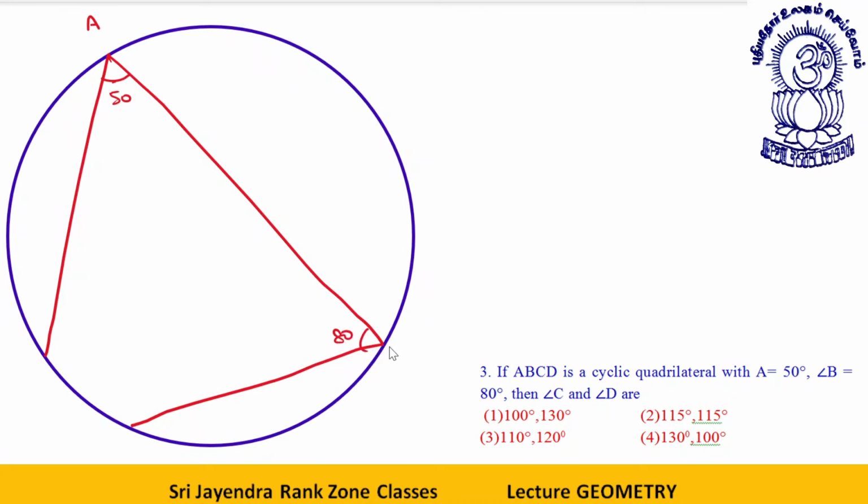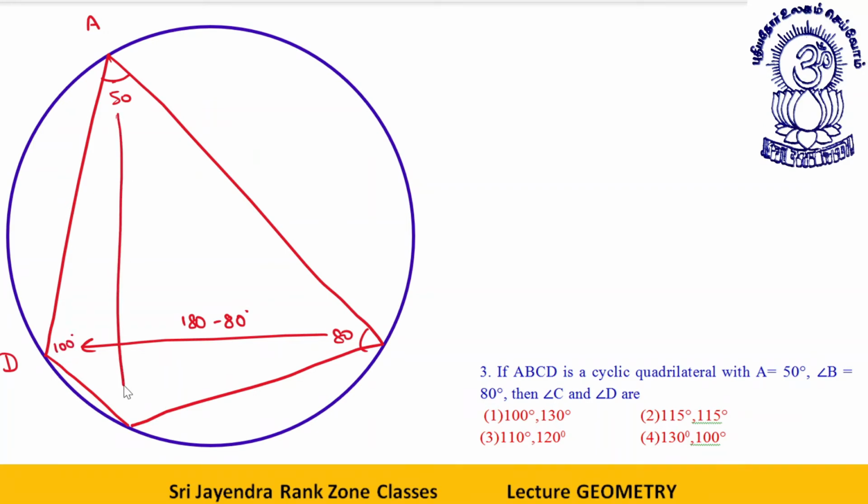Now everything is clear. The moment you get these two angles in a cyclic quadrilateral, see, angle D will be how much? Angle D will be 180 minus 80 degrees, 100 degrees. Angle C will be how much? That will be 180 degrees minus 50 degrees, or 130 degrees. Do we actually need to draw the diagram, students?